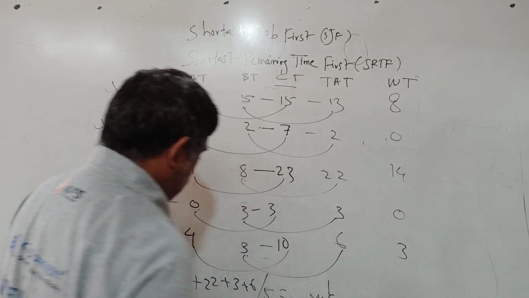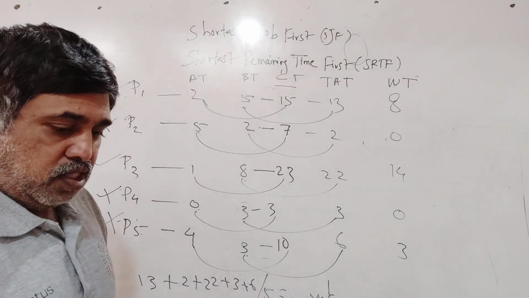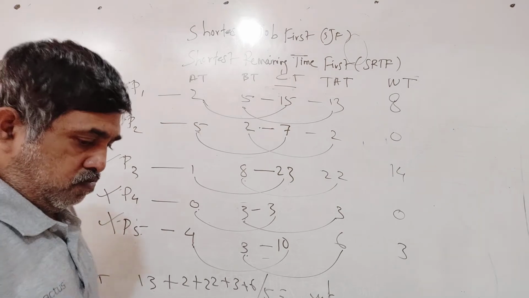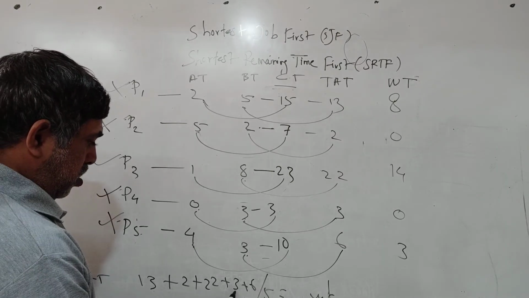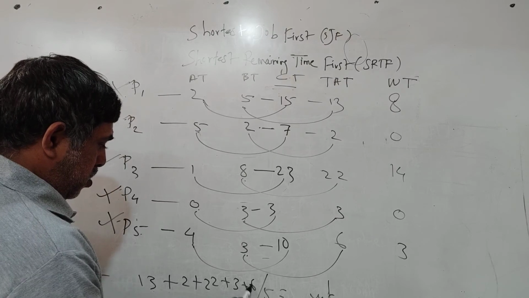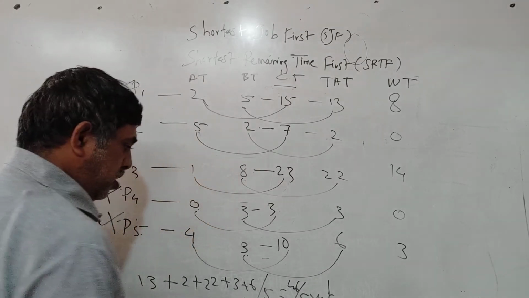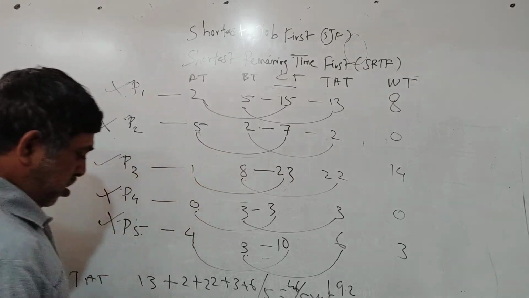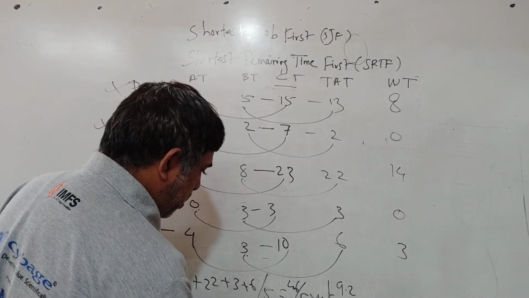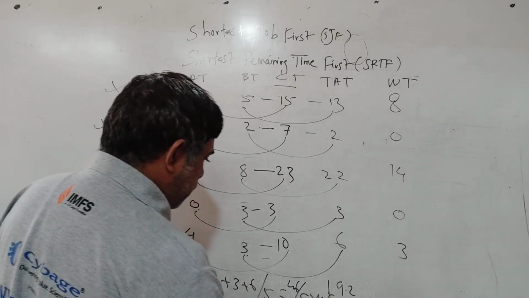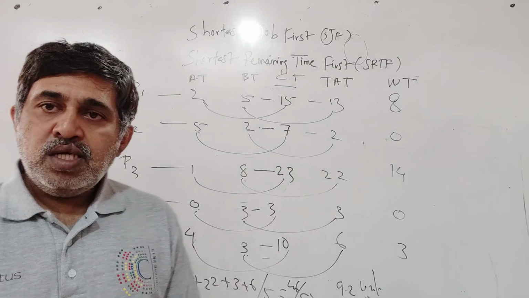How much does it come out to be? 46 divided by 5, it is 9.2, and here 25 divided by 5 is 5 units. So this is the final solution.